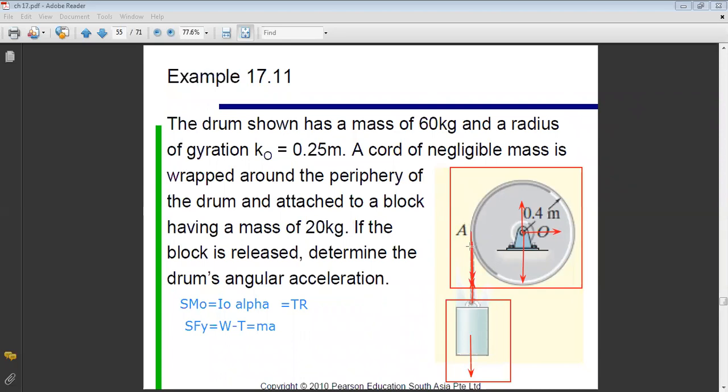Because when I don't have slipping, the acceleration of the block is equal to the tangential acceleration of my cord, which is equal to alpha times r. So my third relation is A tangential at A is equal to alpha times r. So I obtain three equations with three unknowns. I can solve for my system.